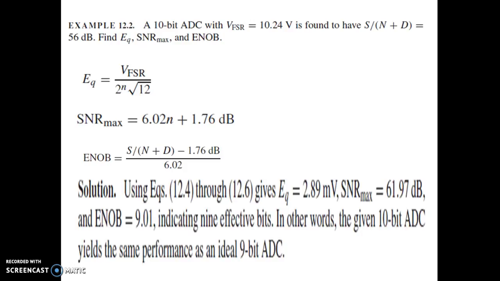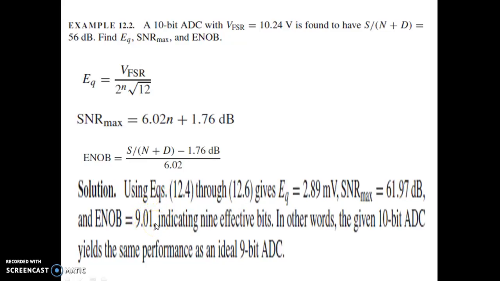We shall take up an example. There's a 10-bit ADC with so and so specification. These are the equations governing the SNR max and ENOB. Now we are asked to find how many bits we actually get, even though it is a 10-bit ADC. When you find the effective number of bits, because of the increased noise plus distortion, the effective number of bits is actually 9.01.